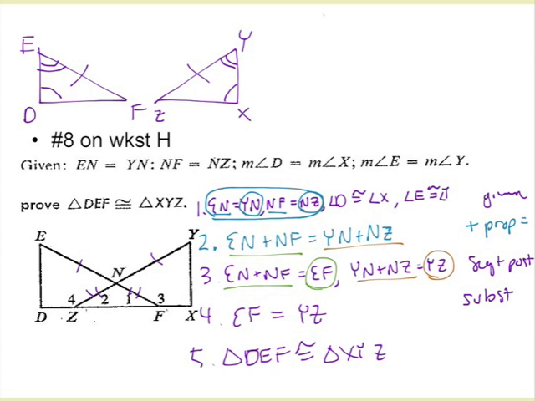Is the side directly connecting the 2 angles together, or is it somewhere else? It's somewhere else. So this is going to be AAS. The side is not directly connecting the angles so that S doesn't belong between the A's. If the side is a connector, then it's ASA. Questions?